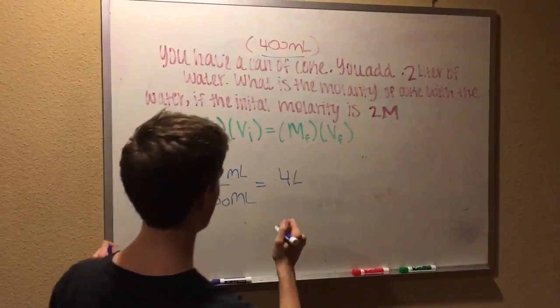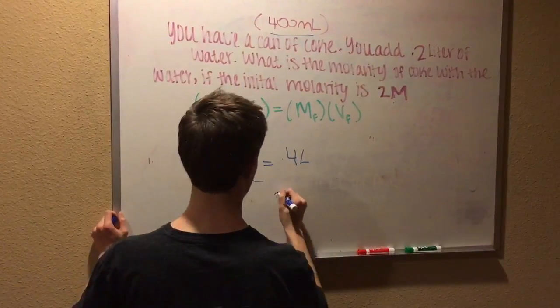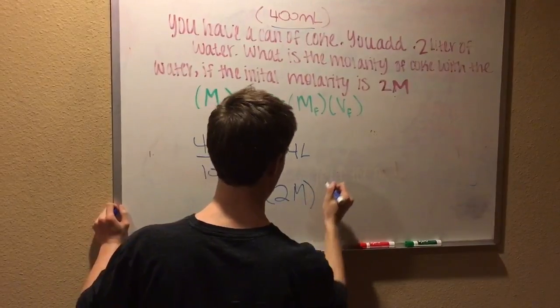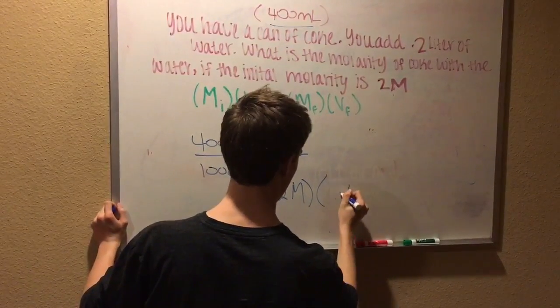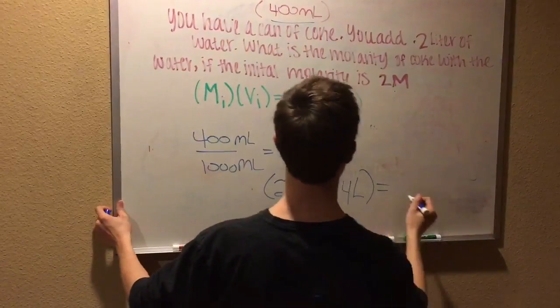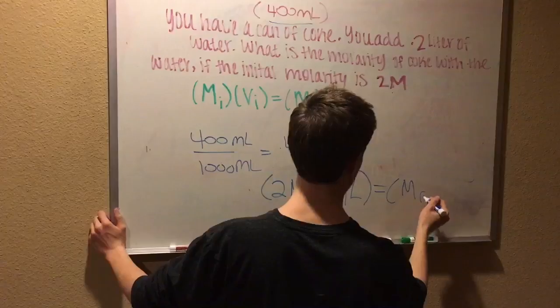So in the equation, and also since we start with 2 molarity, we have 2M times 0.4 L equals, and since we don't know that, that's what we're trying to look for.